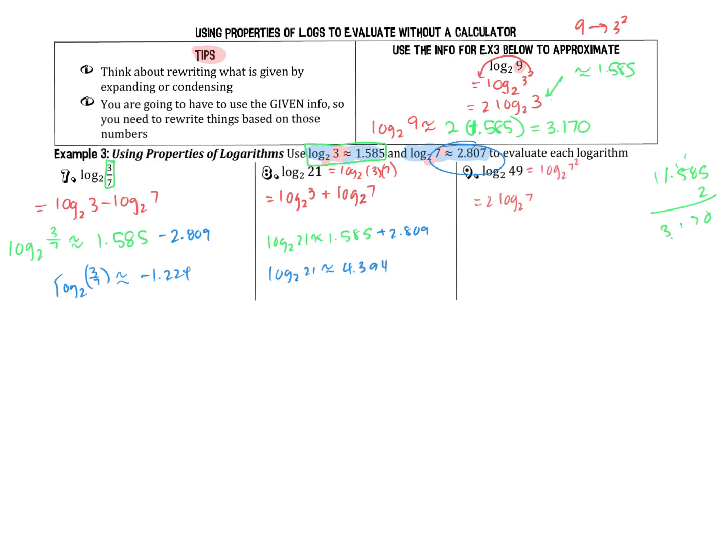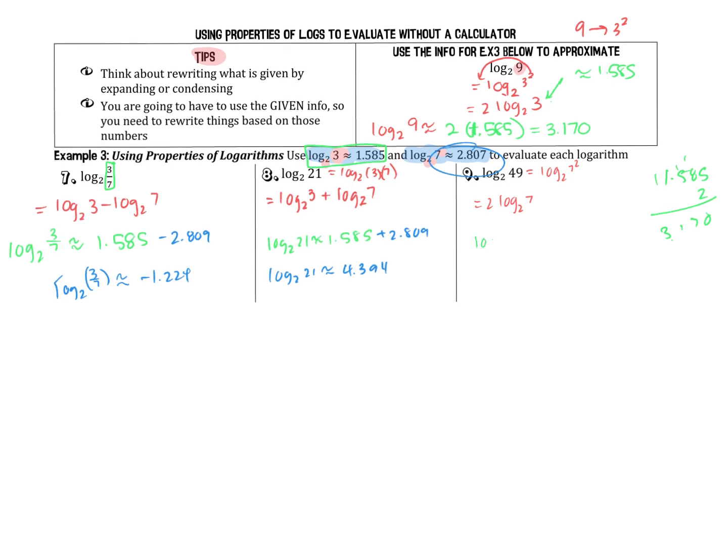So 49 is 7 squared. I can drop that 2 in front of our logarithm. So log base 2 of 49 is equivalent to 2 times log base 2 of 7. What that means is that log base 2 of 49 is approximately 2 times 2.809, which means that log base 2 of 49 is approximately 5.618.